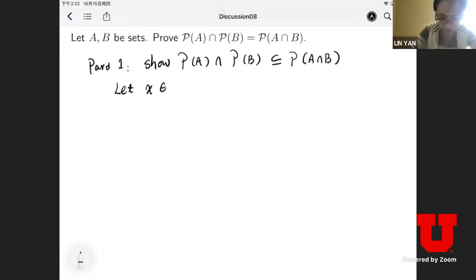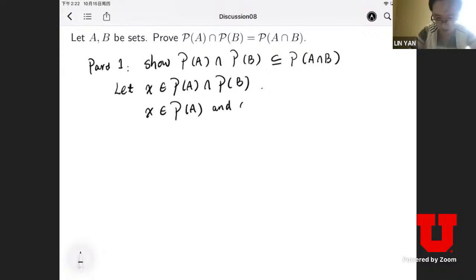Let X be an element of the power set of A intersect power set of B. Then we have X is an element of the power set of A, and X is an element of the power set of B. This is by definition of intersection.